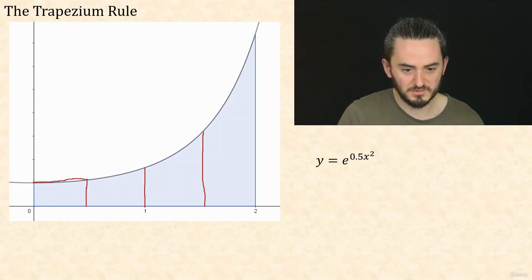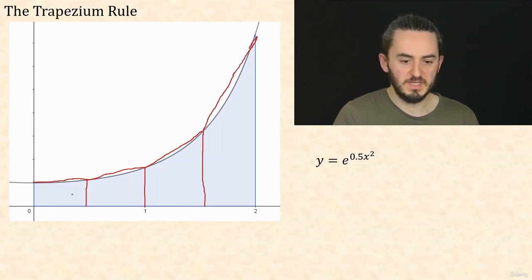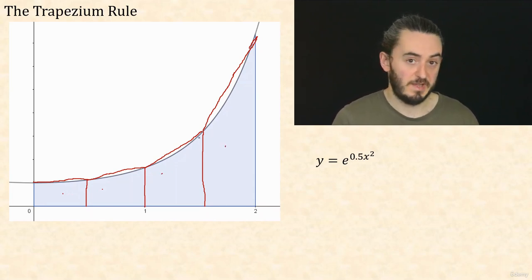I'll do my best to have straight lines here. So straight line, straight line, straight line, and straight line. So what I've got now is 4 trapeziums. 1, 2, 3, 4.